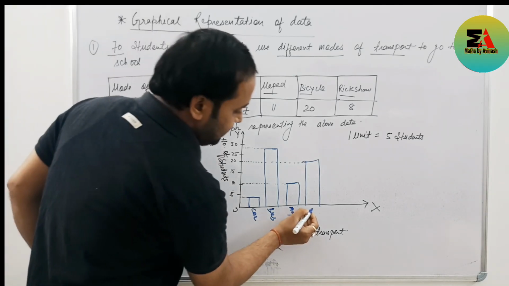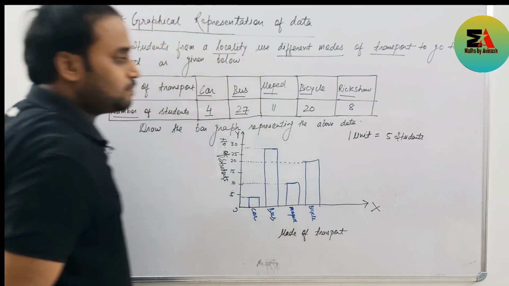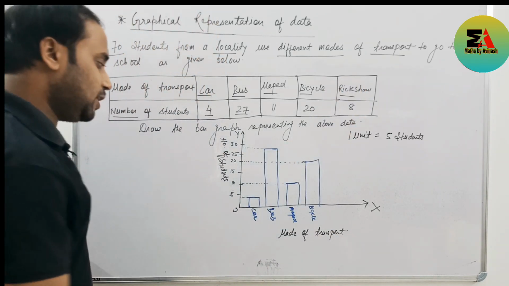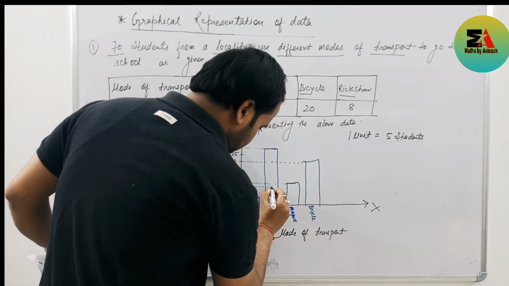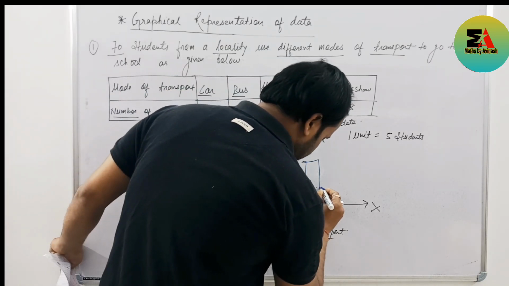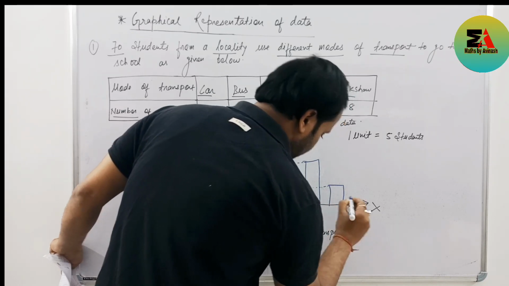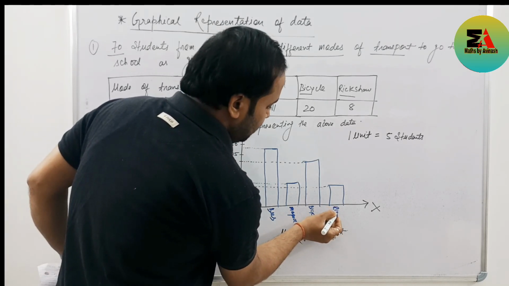This is bicycle. And the last one is rickshaw. The frequency of rickshaw is 8. 10 is here, so 8 is just below. This is our 8. This is rickshaw.